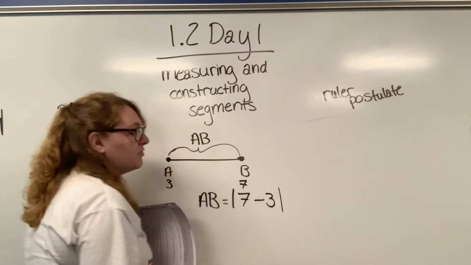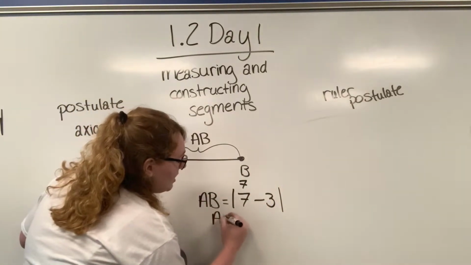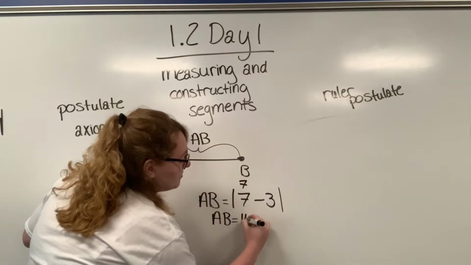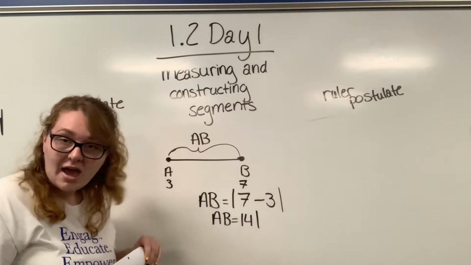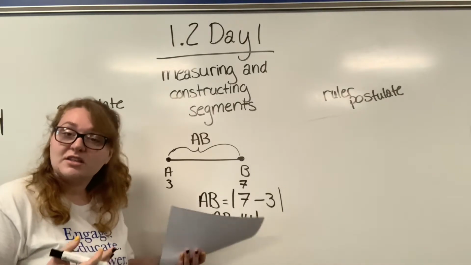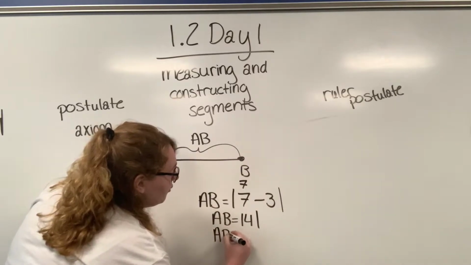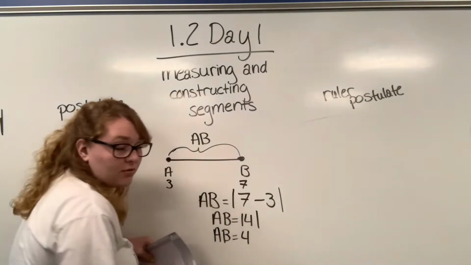Then with your absolute value bars, 7 minus 3, that means AB is the absolute value of 4. And the absolute value is just how far it is from 0. And 4 is 4 units away from 0. So the absolute value of 4 is just 4.